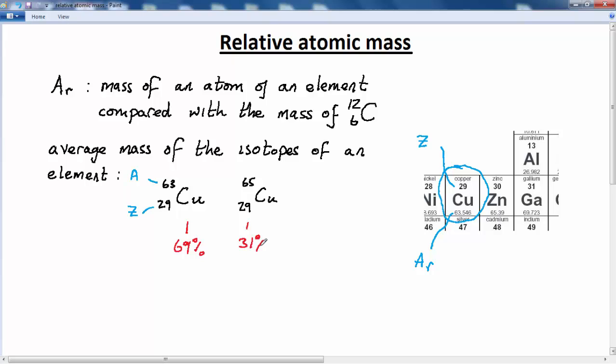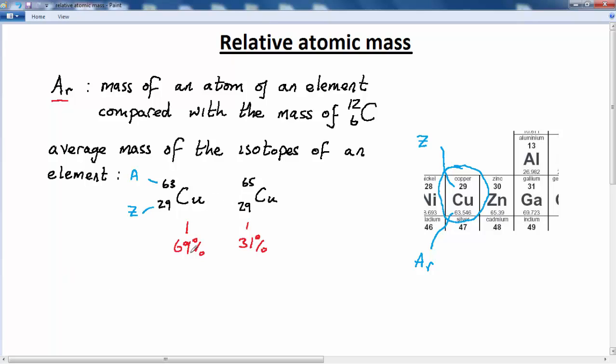So if you take a piece of copper tubing used for plumbing, for example, 69% of the atoms of copper in that tubing will be this type of isotope and 31% will be this type. So when we calculate the relative atomic mass of copper, we need to take the average atomic mass of these two isotopes.